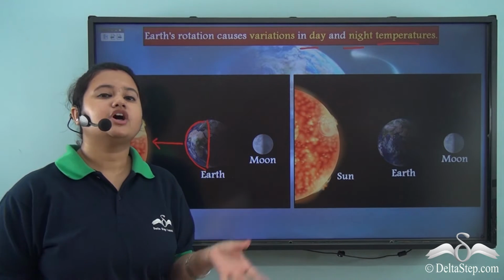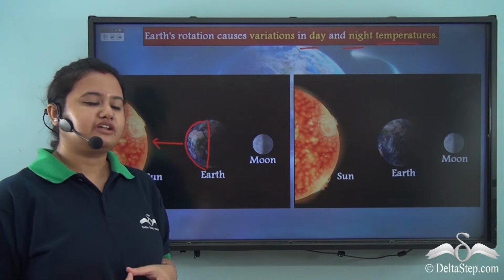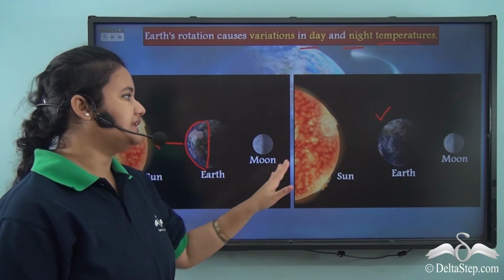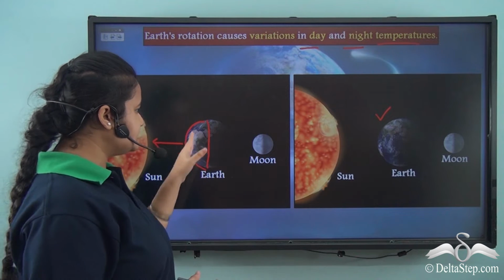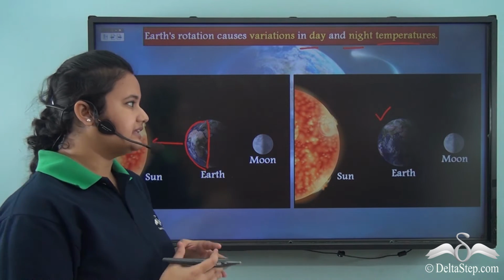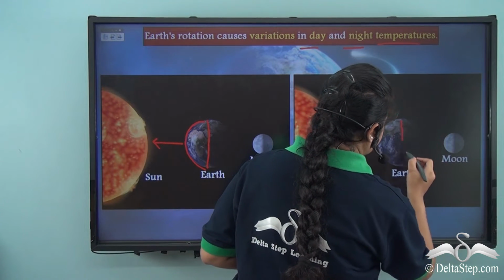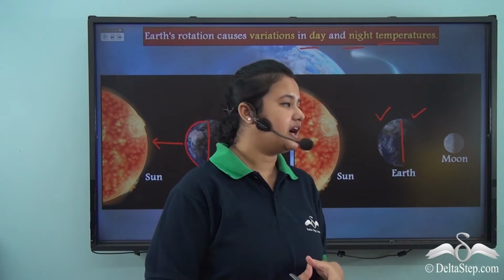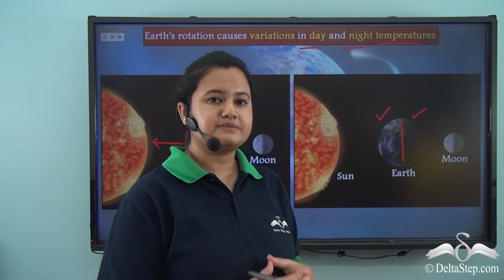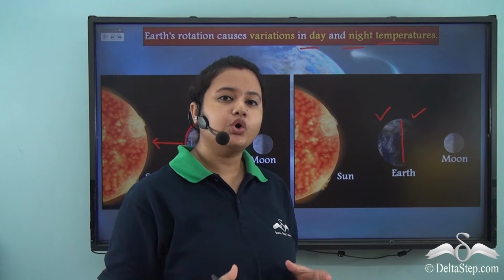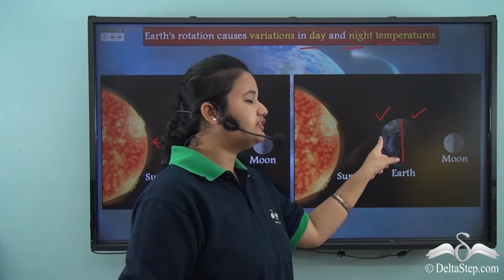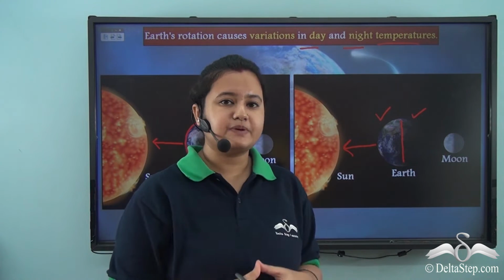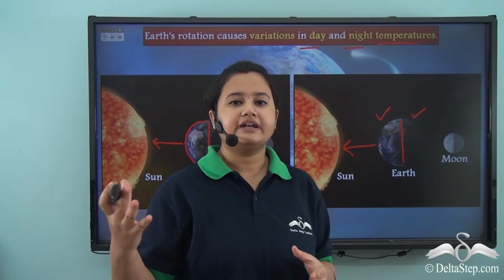Now as the earth rotates on its axis, a different part of the earth is now illuminated by the sun, while this part that was facing the sun is now in darkness. So this part of the earth that is now turned away from the sun experiences night and has low temperature, while a different part of the earth's surface which is now facing the sun is experiencing day and high temperature.